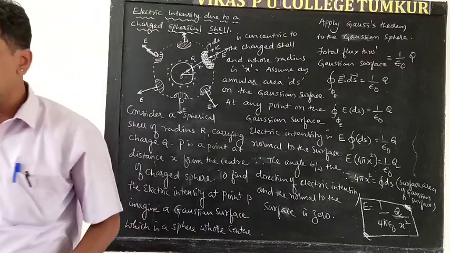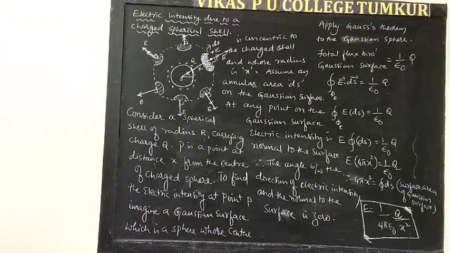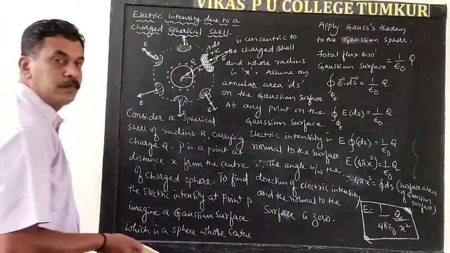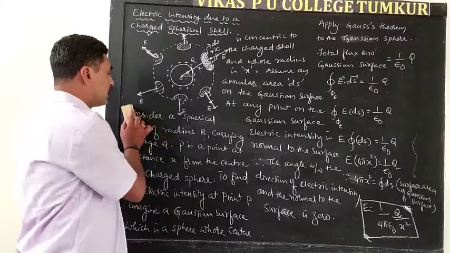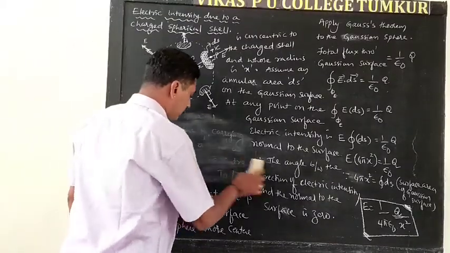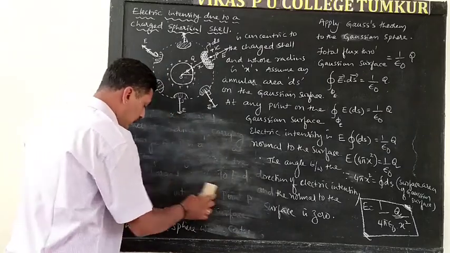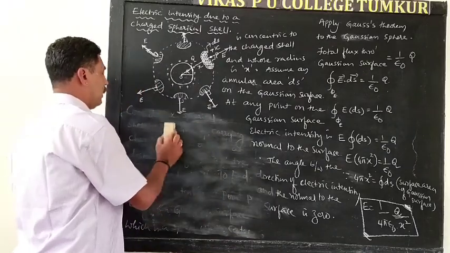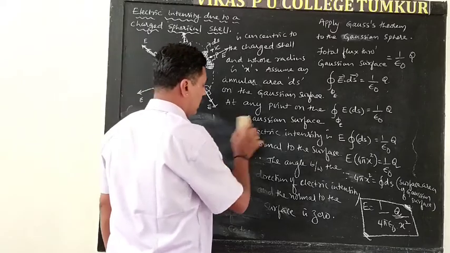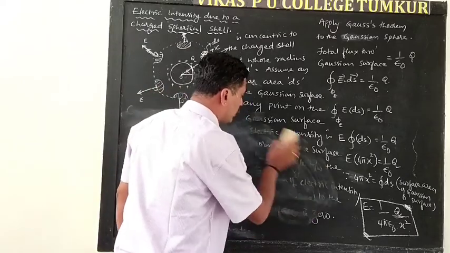So after this, we should follow some special cases. Let us follow a couple of special cases. Now, assume that this point P is very close to the charged sphere.